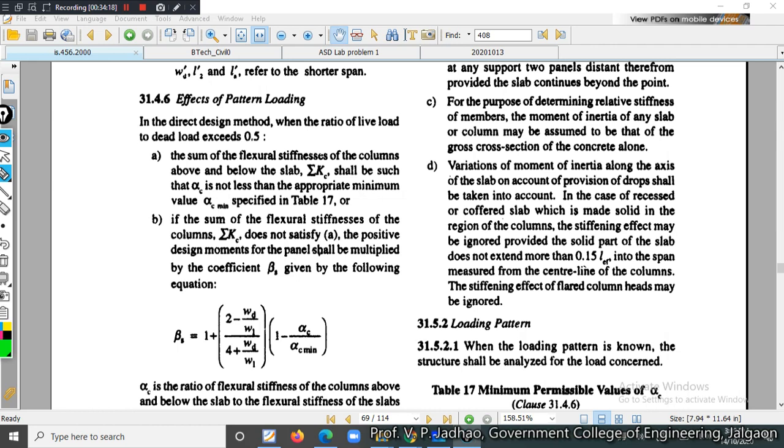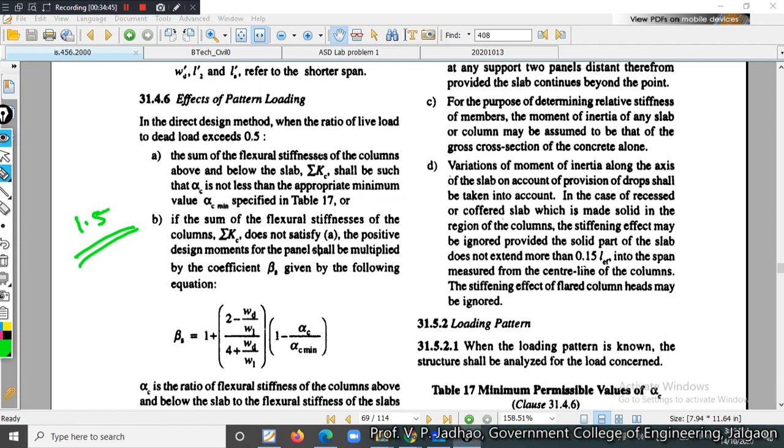To limit this overstressing up to the 33% limit, the code requires that the column should have some minimum stiffness, as long as the live load does not exceed 1.5 times the dead load.